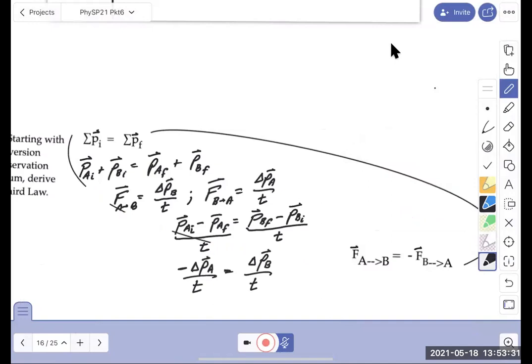So equals, that's an equal sign, not minus. Now I can substitute where delta P over t is the force: the force of A on B equals the opposite of the force of B on A, which is pretty much what I said. In fact, that is what I said. I just got to change the order.